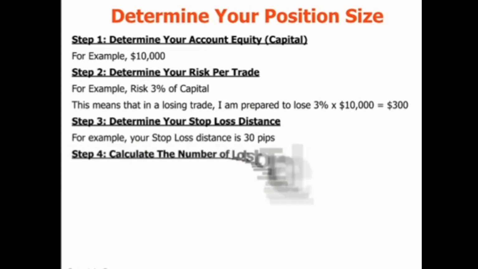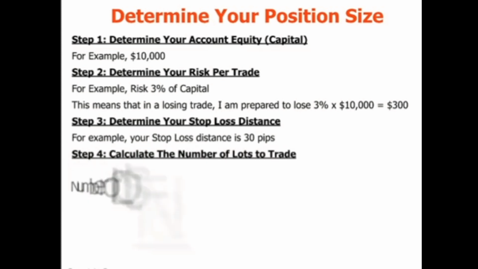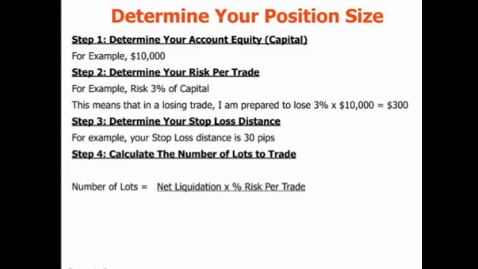The next one is calculating the number of lots per trade. The number of lots will be equal to net liquidation times percentage risk per trade, divided by stop loss distance times dollar value per pip. Again, the dollar value per pip depends on the currency pair. Euro USD has $10 worth of pip per standard lot.